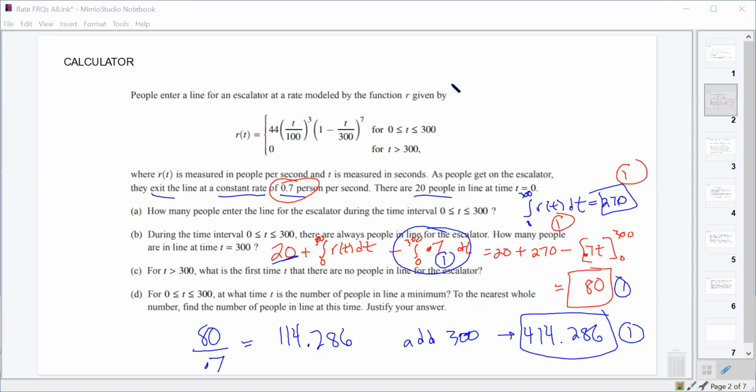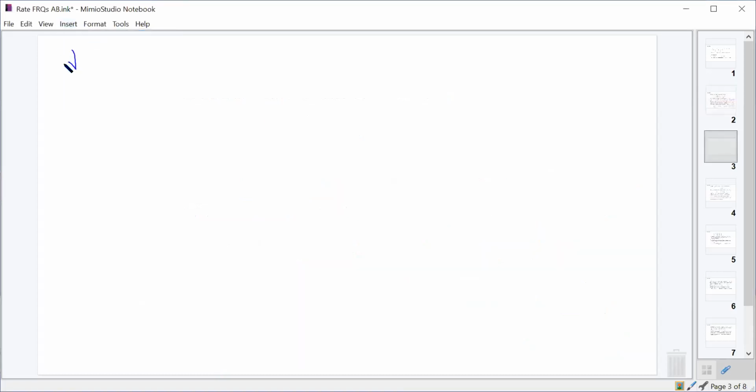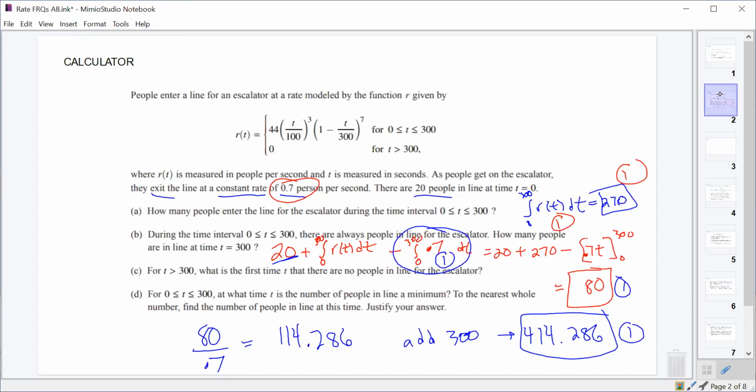All right. Any other questions on C or A, B, or C? Okay. Part D then asks us to find the number of people in the line when the number of people in the line is at a minimum. So in order for us to figure out when the number of people in the line is at a minimum, we need to have a function to represent the number of people in the line.